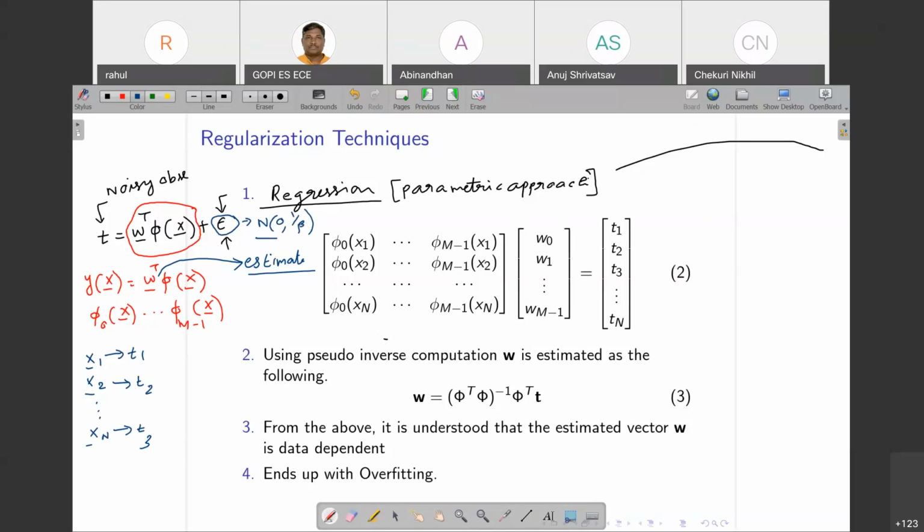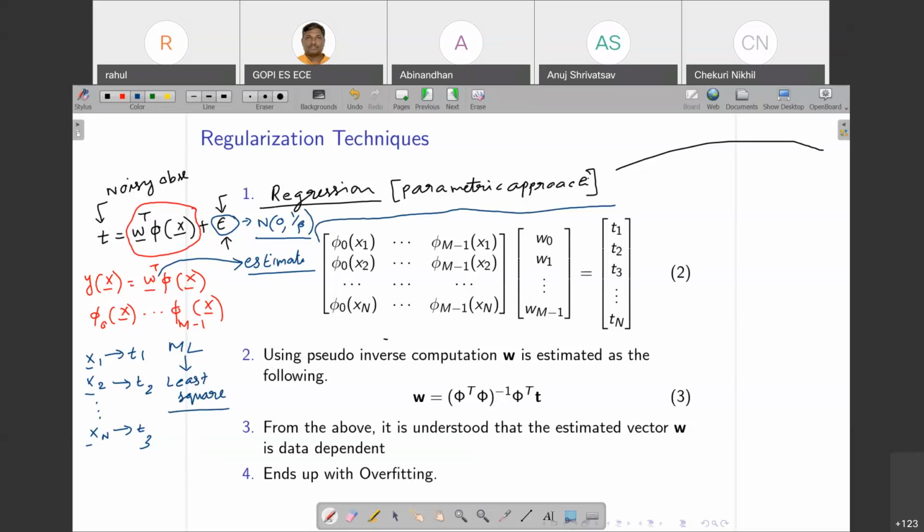Then maximum likelihood estimation ends up with a least squares solution, which can be solved just by solving this matrix, as we discussed.